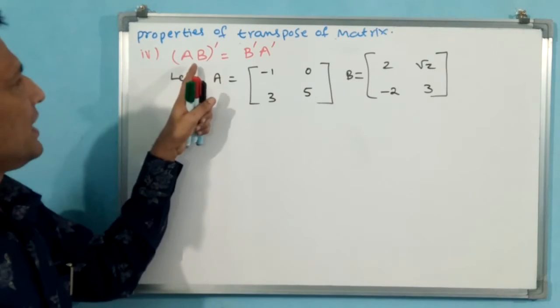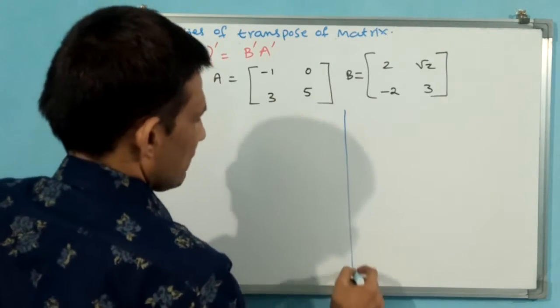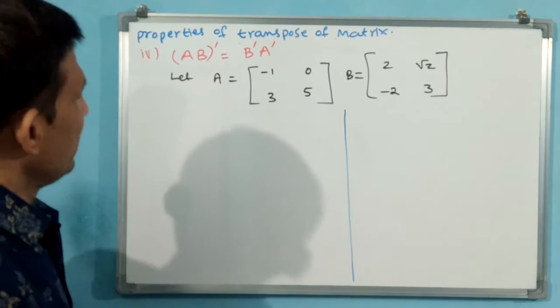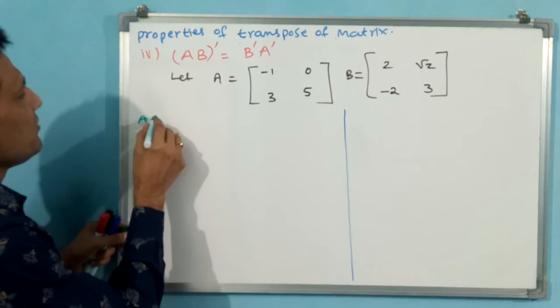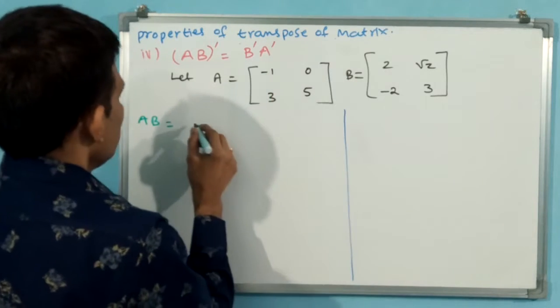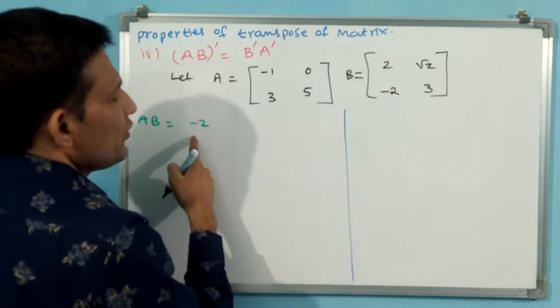See, these two matrices we have taken. LHS we do here, RHS we do there. Finally LHS should be equal to RHS. Let us do AB first, then we will do AB transpose. AB is equal to, you see, minus 1 into 2, minus 2, 0. Zero you need not write again.